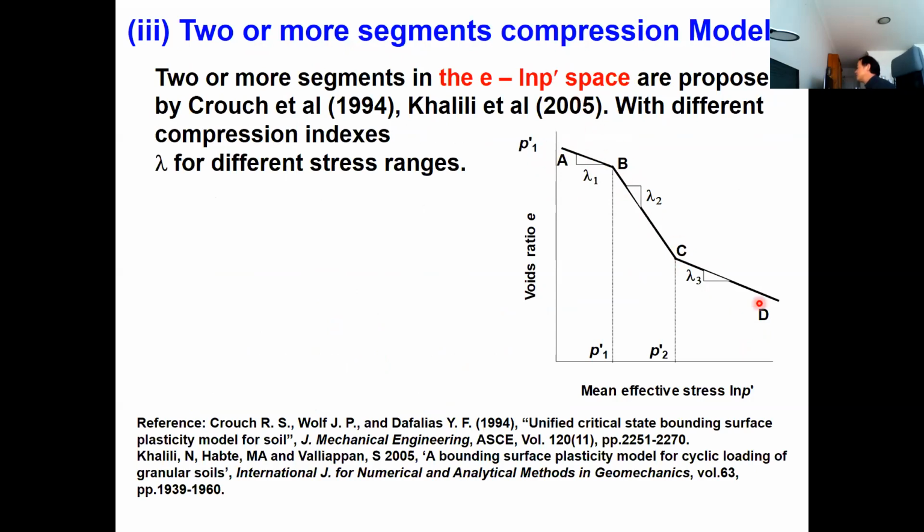Some people use 3 lines, some people use 5 lines. Okay? Why do they introduce different lines? It means soil behavior in reality is not linear. If you use one line, it may not be accurate. So in order to improve the accuracy, they use 2 lines, 3 lines, or more lines. That's the purpose.